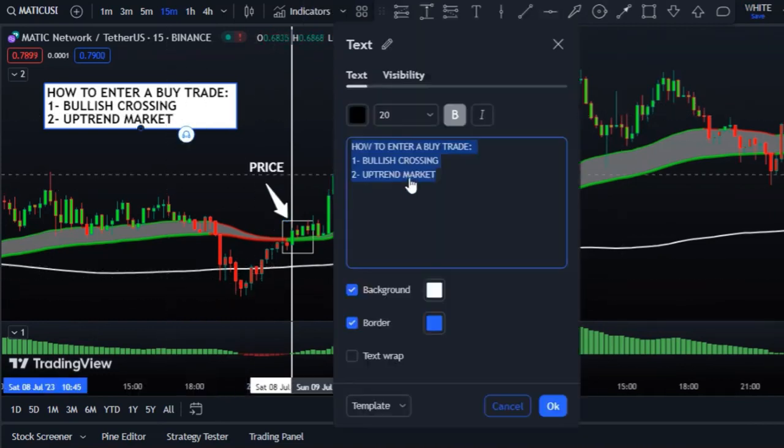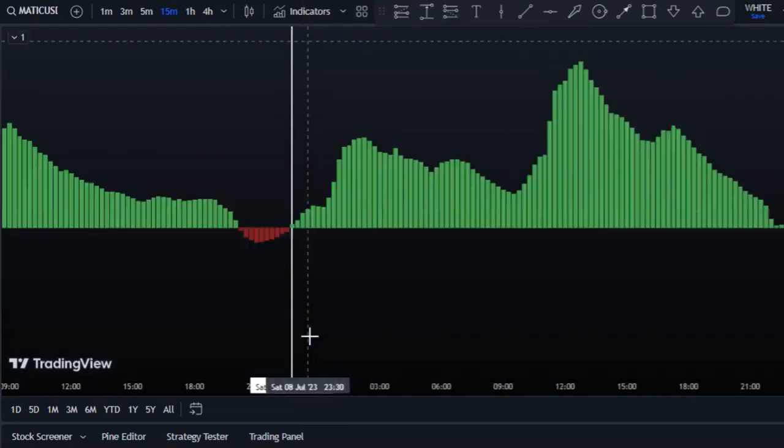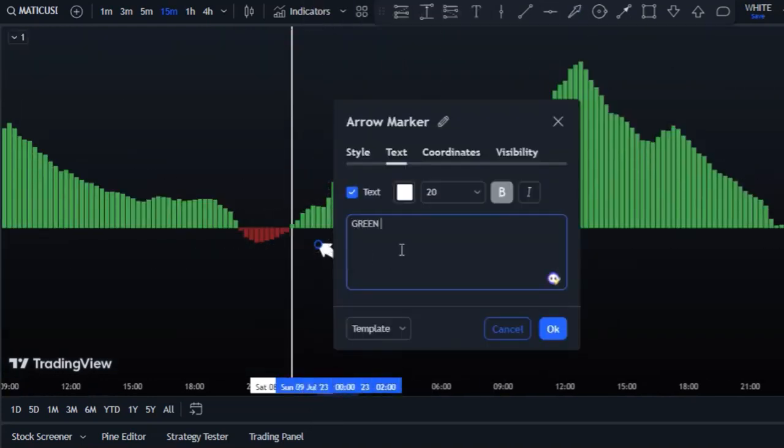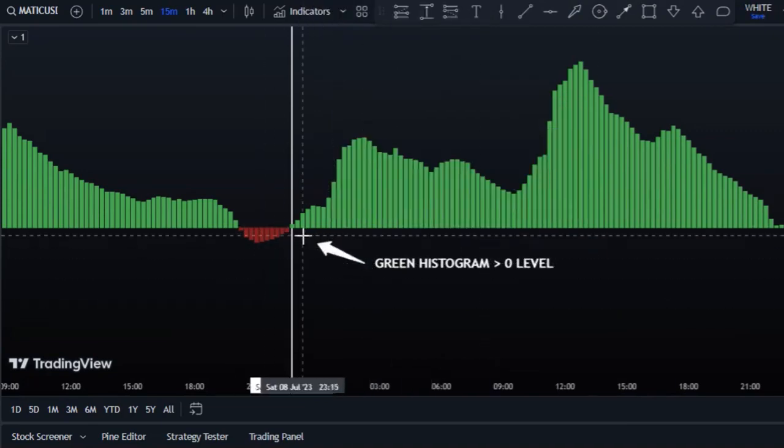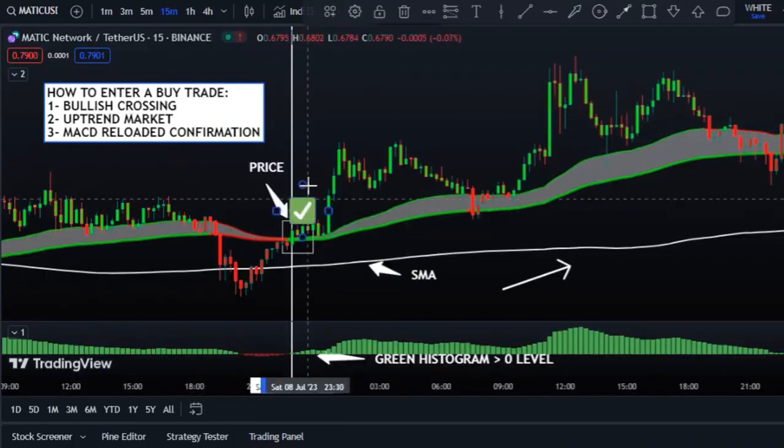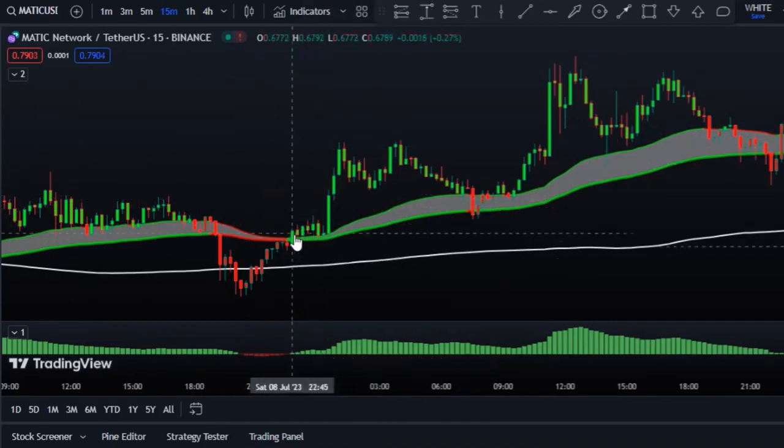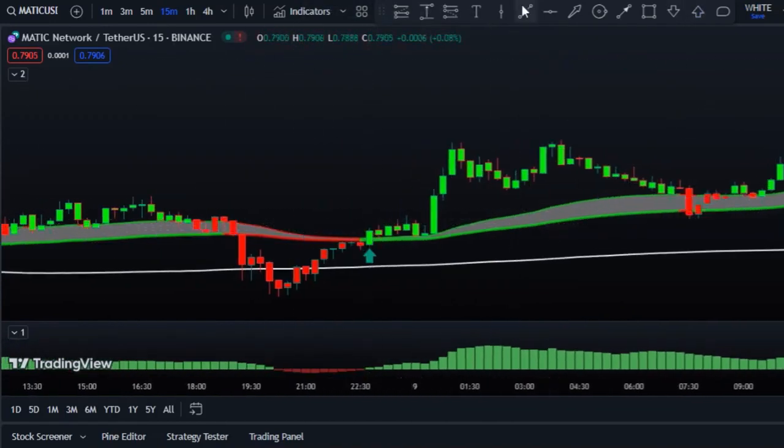And in the next stage, the MACD Reloaded oscillator needs to confirm the signal with a green histogram. Now with these conditions, the signal is confirmed, so we can enter a long position.